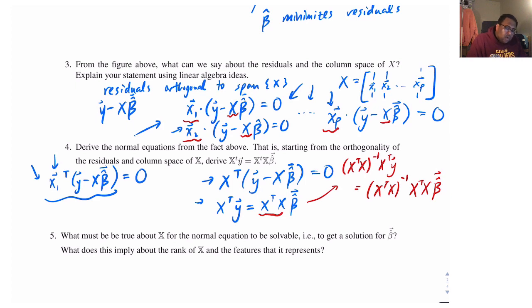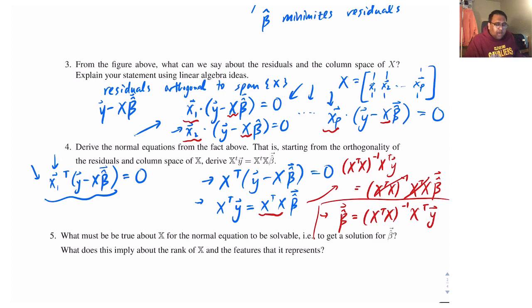Now X transpose X's inverse times X transpose X cancel out and I'm left with beta hat. Switching the left and right sides of the equal sign, I get that beta hat is equal to X transpose X inverse X transpose Y, as we've seen in lecture.